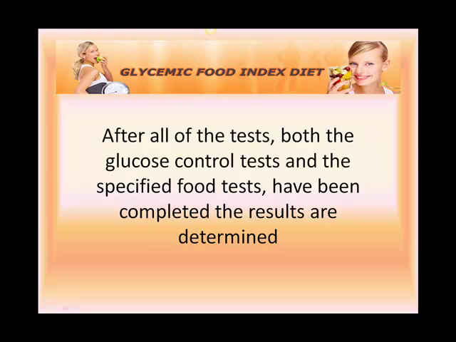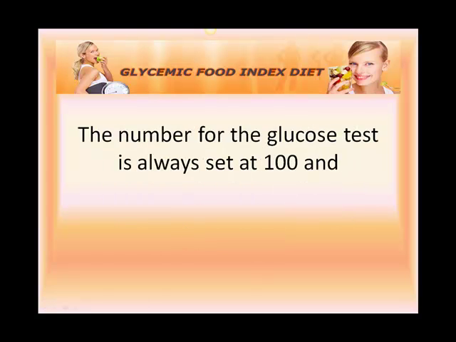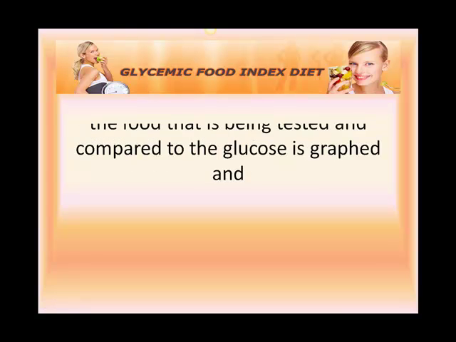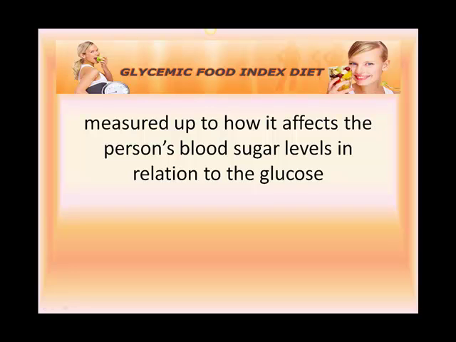After all of the tests, both the glucose control tests and the specified food tests have been completed, the results are determined. The number for the glucose test is always set at 100, and the food that is being tested and compared to the glucose is graphed and measured up to how it affects a person's blood sugar levels in relation to the glucose.